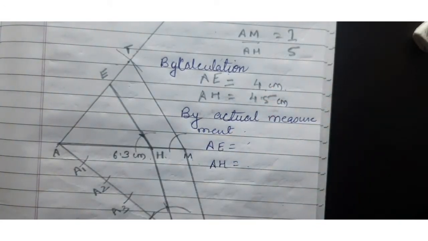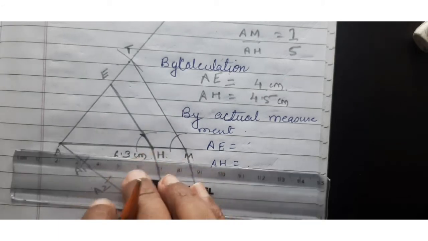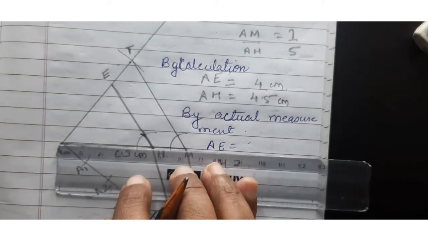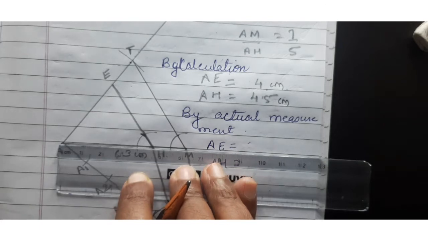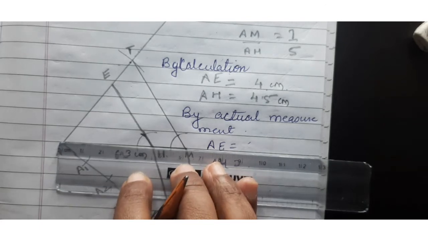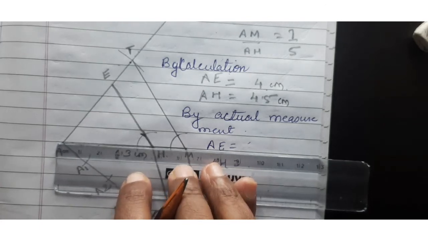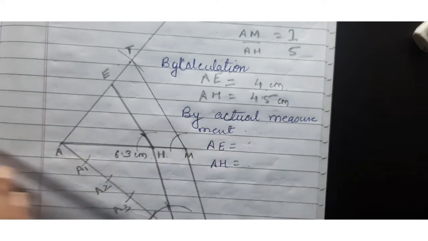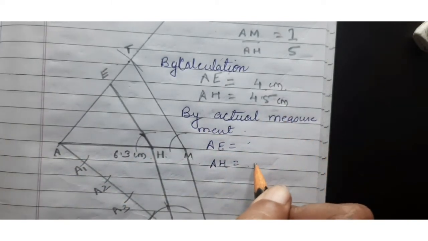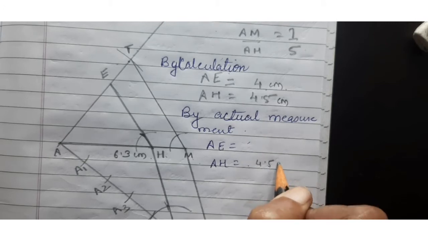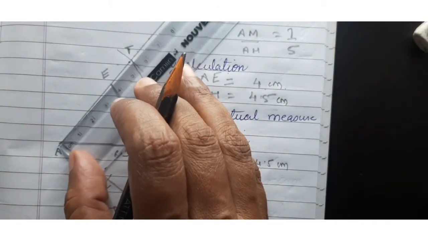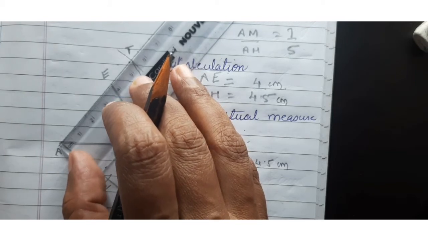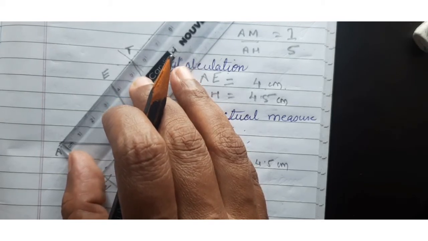The measure of AH is coming as 4.5 centimeter, and we measure AE.